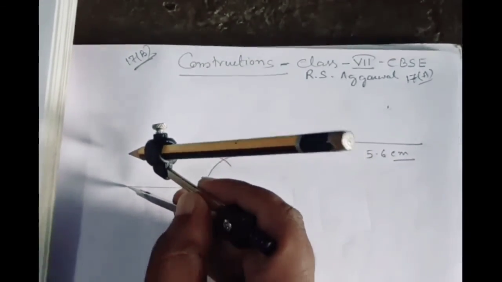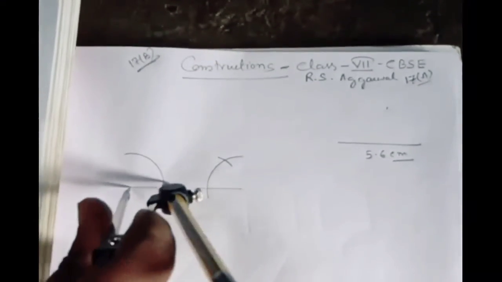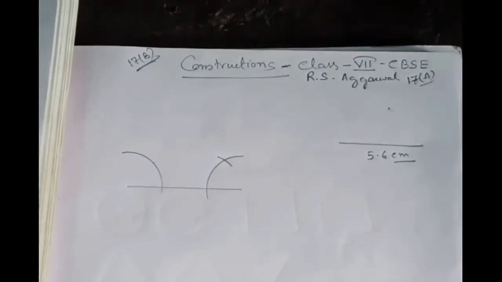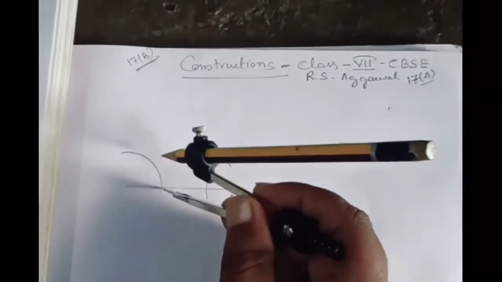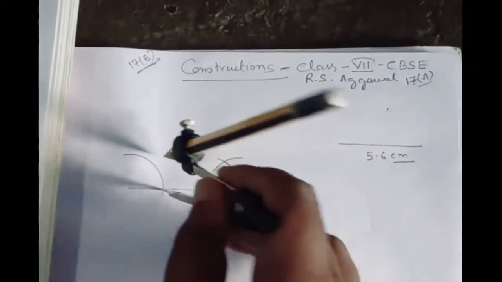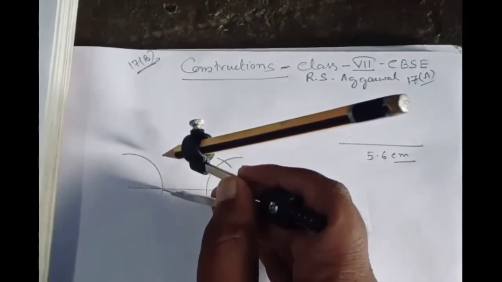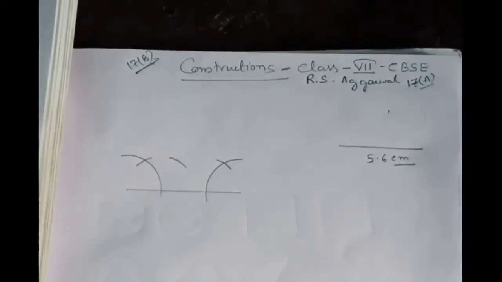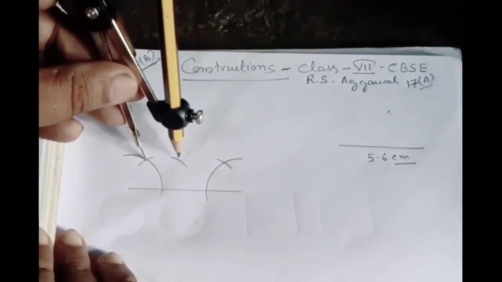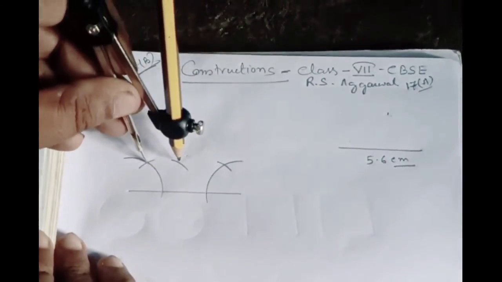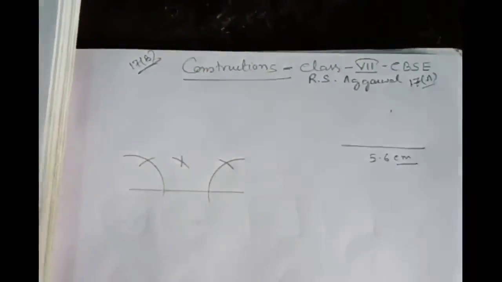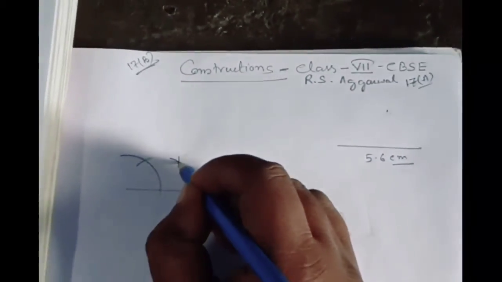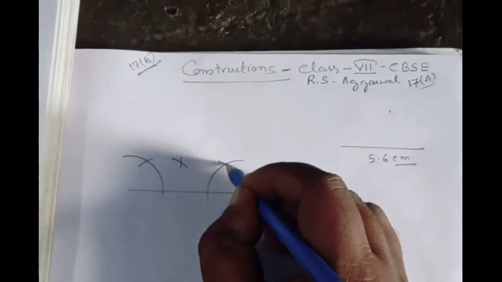This 60 degree, and here we are going to draw 30 degree. So this is 30 degree, this is 60 degree.